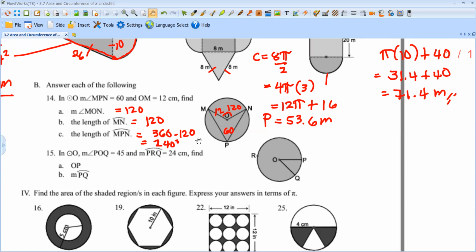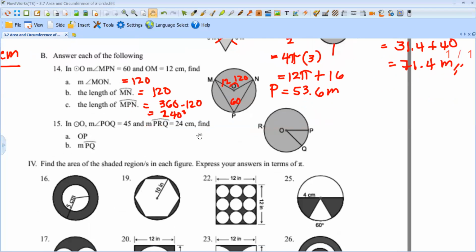Number 15. Is this connected to the lesson? So POQ is 45 and PRQ, this is 45. PRQ is 24.